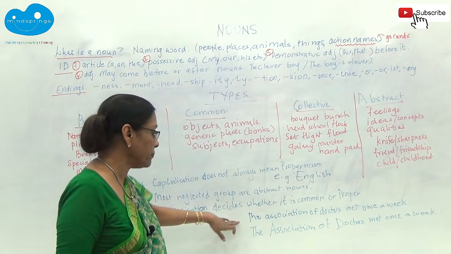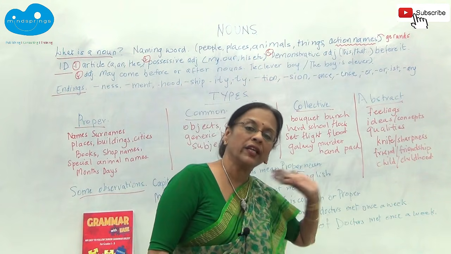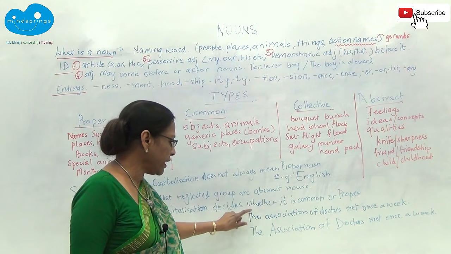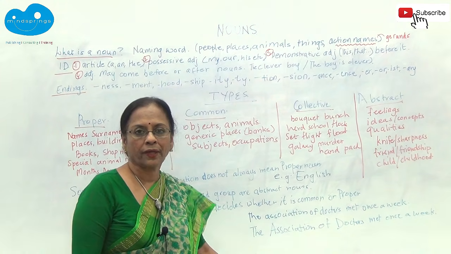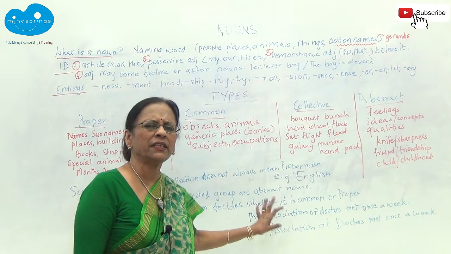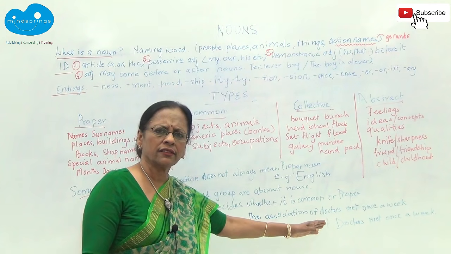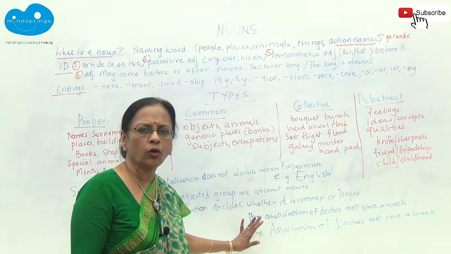For example, the association of doctors met once a week. Okay? No punctuation. Association of doctors, all small. What does it mean? It means there is an association of ordinary doctors and they meet once a week. This is fine, no problem.